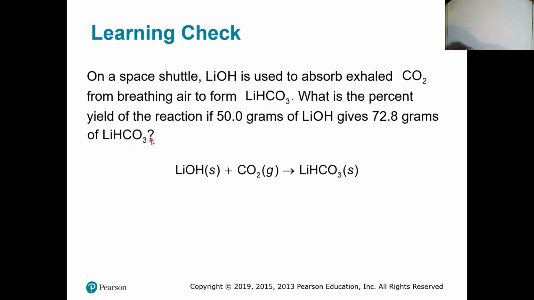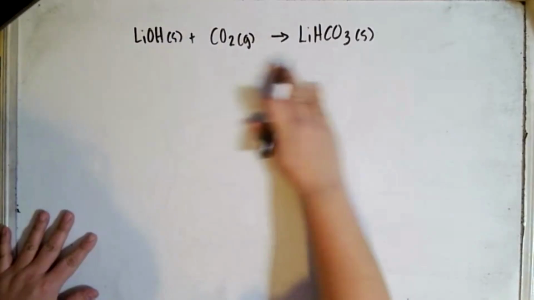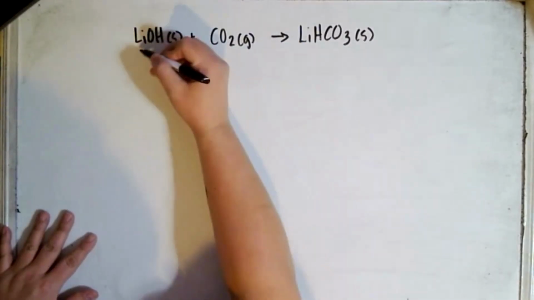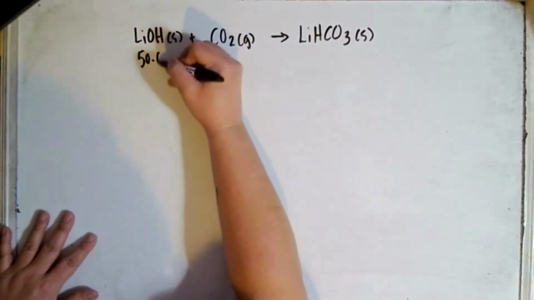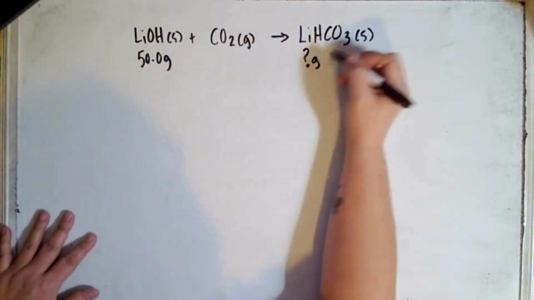So in this question, we have to decipher the information that they're giving us here. We have our reaction. And when we've looked at the theoretical yield calculations from our limiting reactant questions, right, when we're labeling what we have available here, we put our amount of reactant on one side and we put a question mark by our product side.